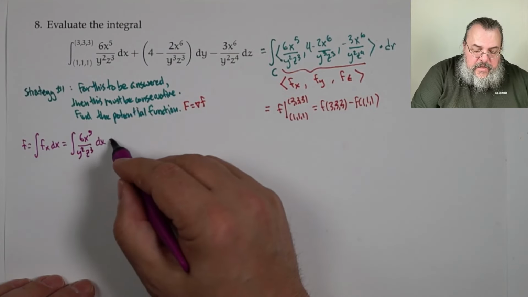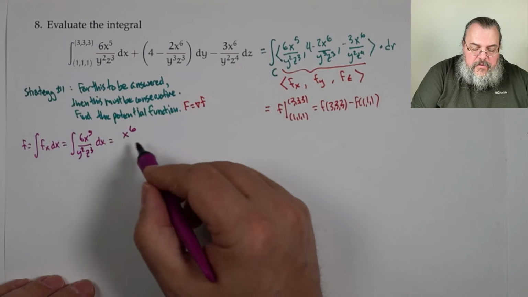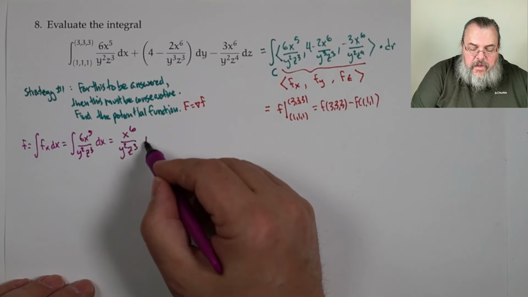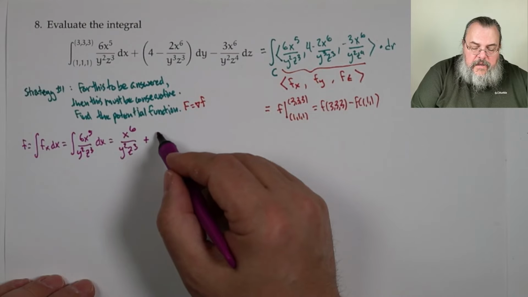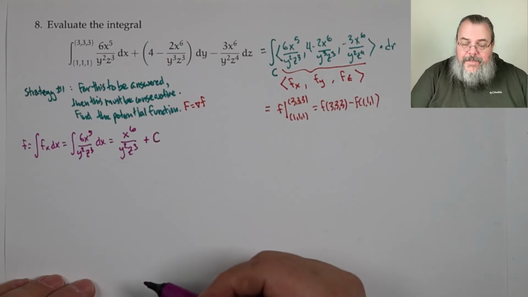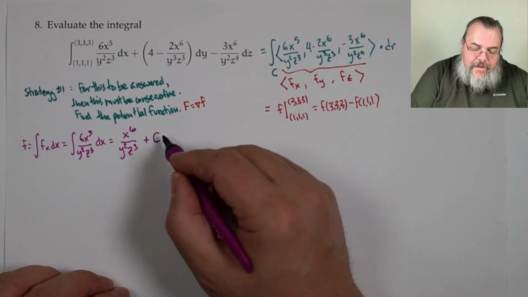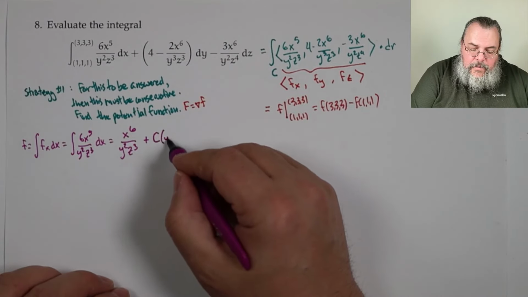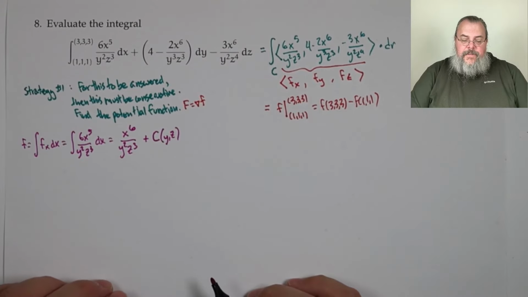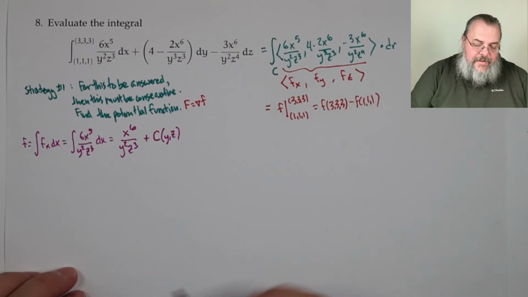If we integrate that, we get x to the 6th, and the y squared z cubed is a constant, so x to the 6th over y squared z cubed, plus a function which doesn't depend on x. So it's a function of y and z. All right, good. So it's a constant with respect to x.